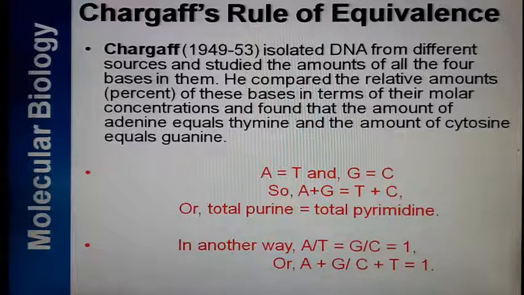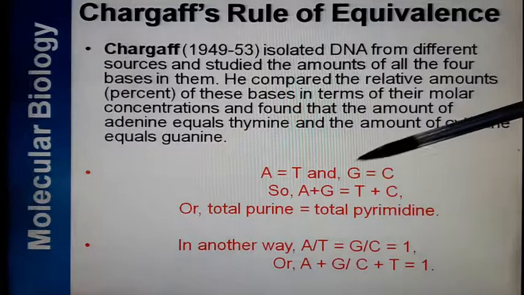A numerical problem is asked every alternate year in the NEET examination. For example, when it is said that adenine has 23% amount, how much amount of thymine, cytosine or guanine is there?